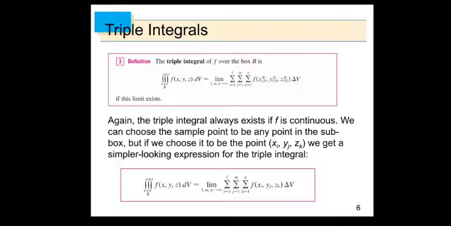Like we were talking about the double integral, we said it could be upper right hand side, lower right hand side, upper left hand side, or midpoint. Same goes over here.